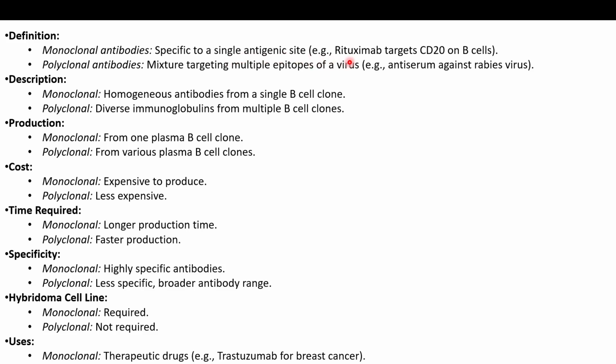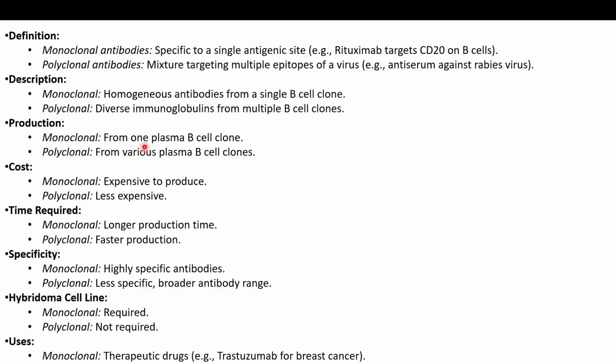Now, when we talk about monoclonal and polyclonal antibodies, monoclonal antibodies are specific to a single antigenic site. For example, the antibody rituximab targets only CD20 on the B cells. But polyclonal antibodies are a mixture of antibodies targeting multiple epitopes of a virus or of the particular antigen in question. Monoclonal antibodies are homogeneous antibodies from a single B cell clone, but polyclonal antibodies are a mixture of diverse immunoglobulins from multiple B cell clones.